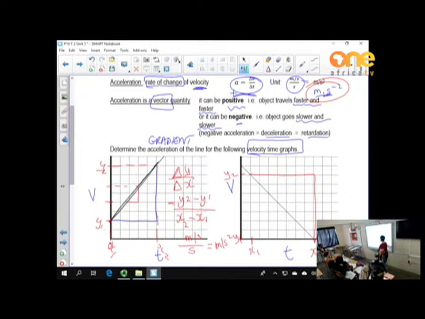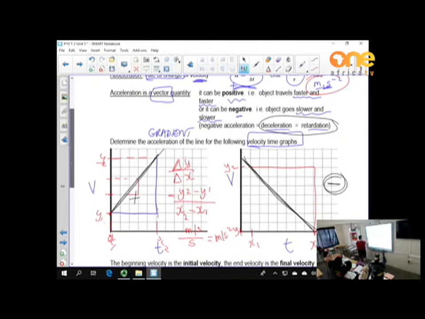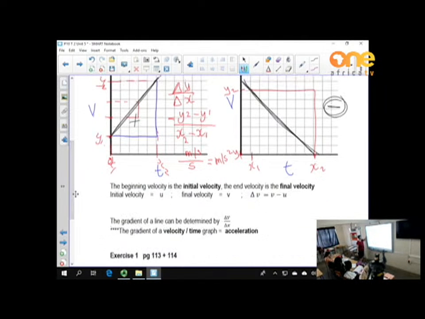On this graph, the gradient decreases from left to right. So when the gradient increases from left to right, we have a positive acceleration. When the gradient decreases from left to right, we have a negative acceleration. All right. Yes. Change in y over change in x.